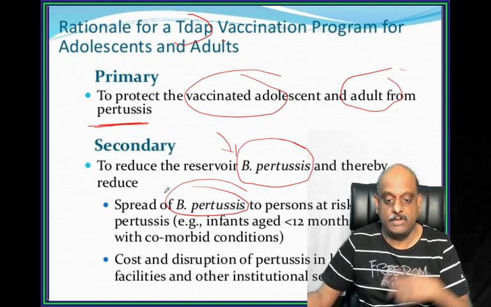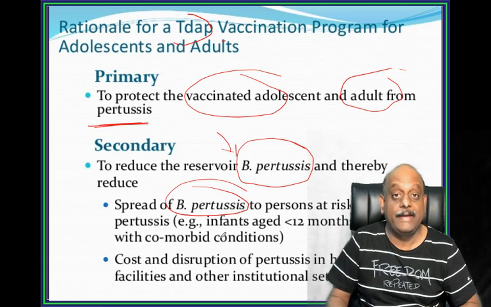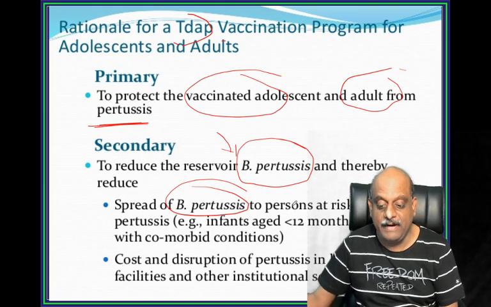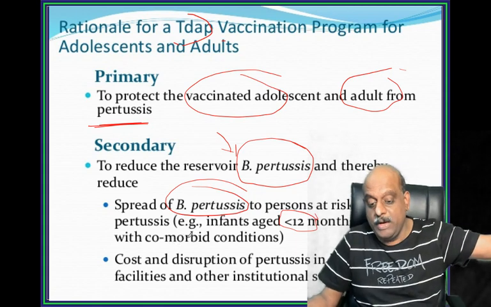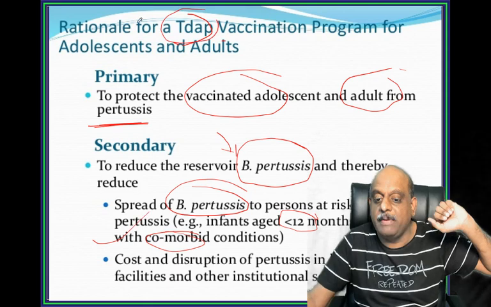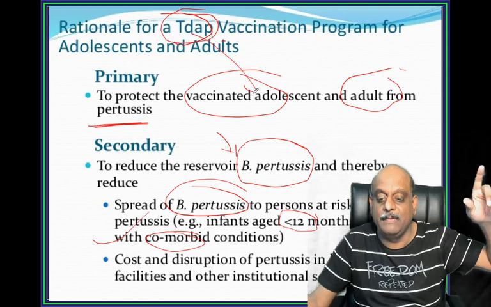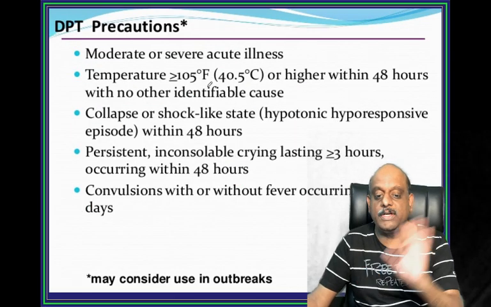Like suppose if this adolescent in his home has an infant aged less than 12 months, or a grandpa who has a comorbid condition, they should not get affected. That is the basis of giving Tdap to vaccinated adolescents, is what you need to remember.